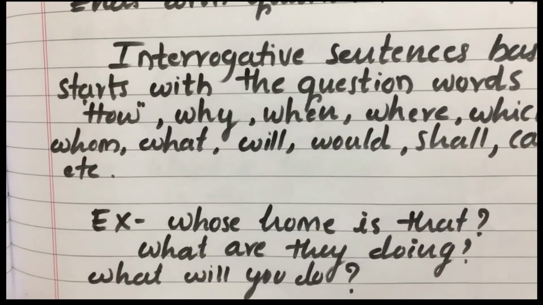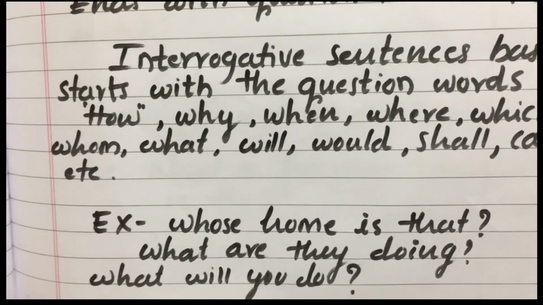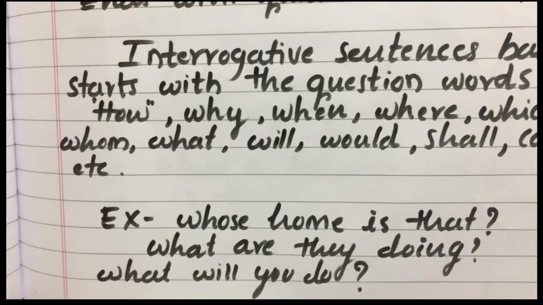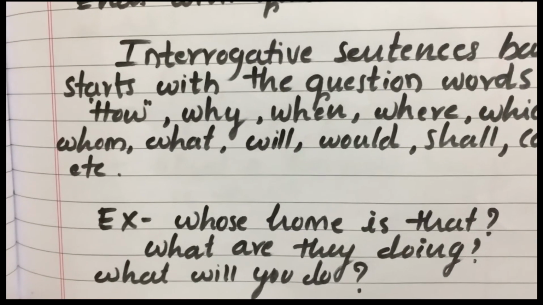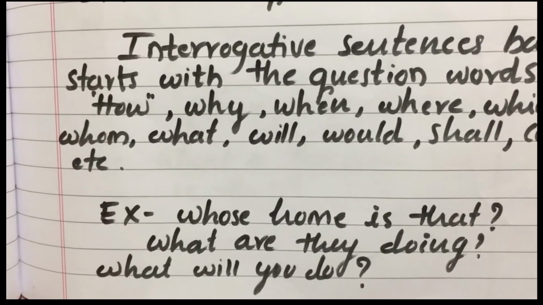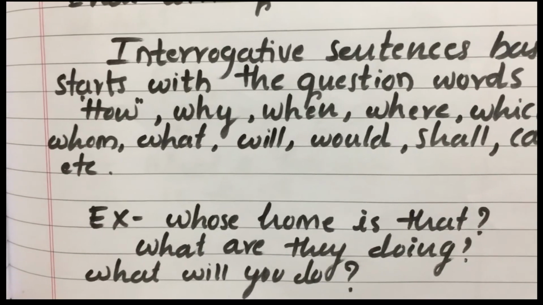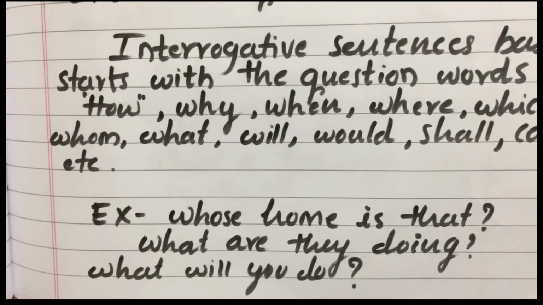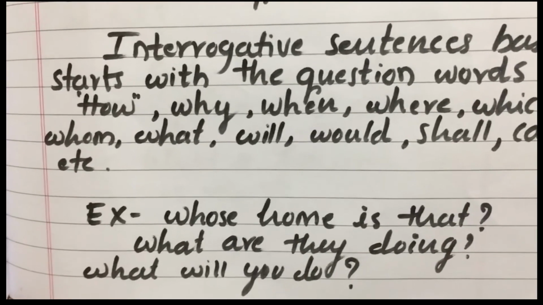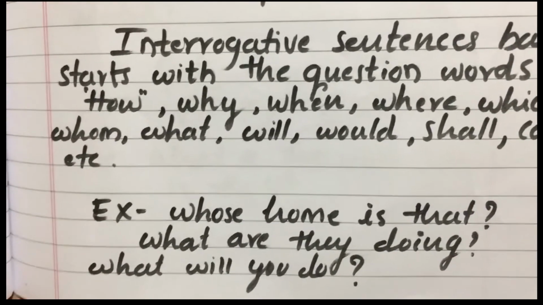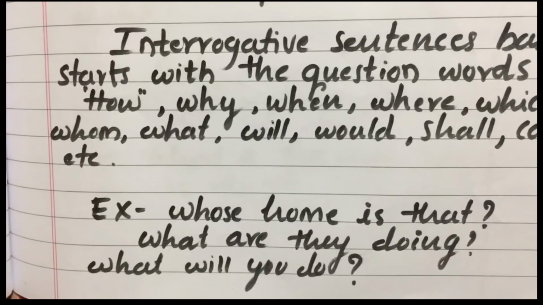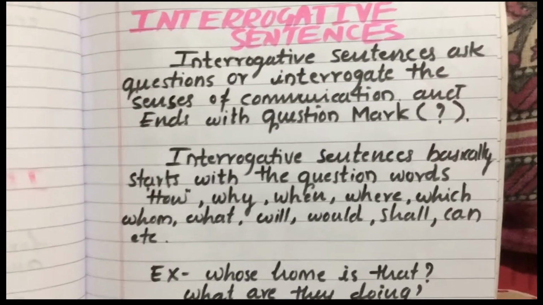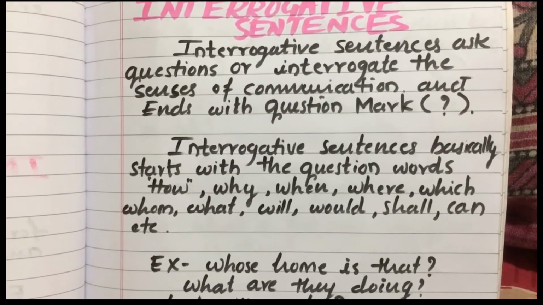What are they doing? What will you do? Here these types of sentences ask you a question, start with a question word and end with a question mark. Okay, I hope you understood the interrogative sentences.